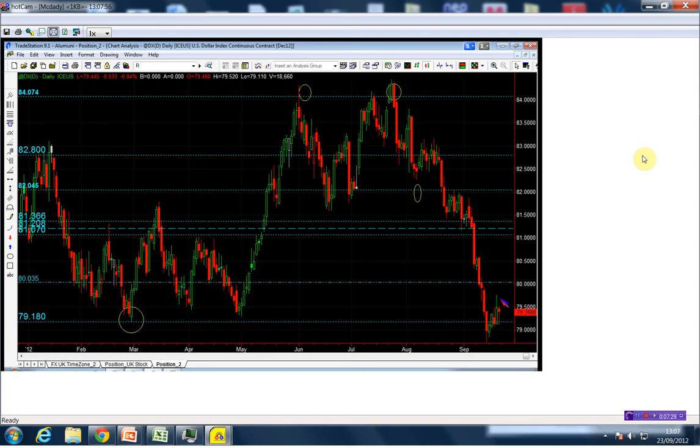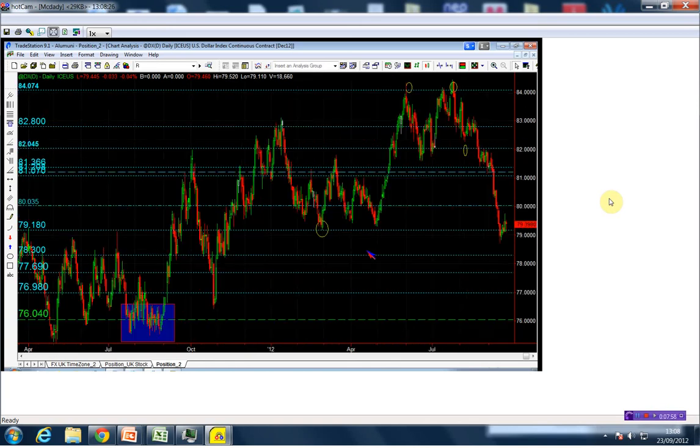It's not a change in the fundamentals, but that would probably lead to some short covering to the upside in the US dollar. So this is quite a buy signal, and as long as we're above the 79.18, we're going to look at this week as buying the US dollar.